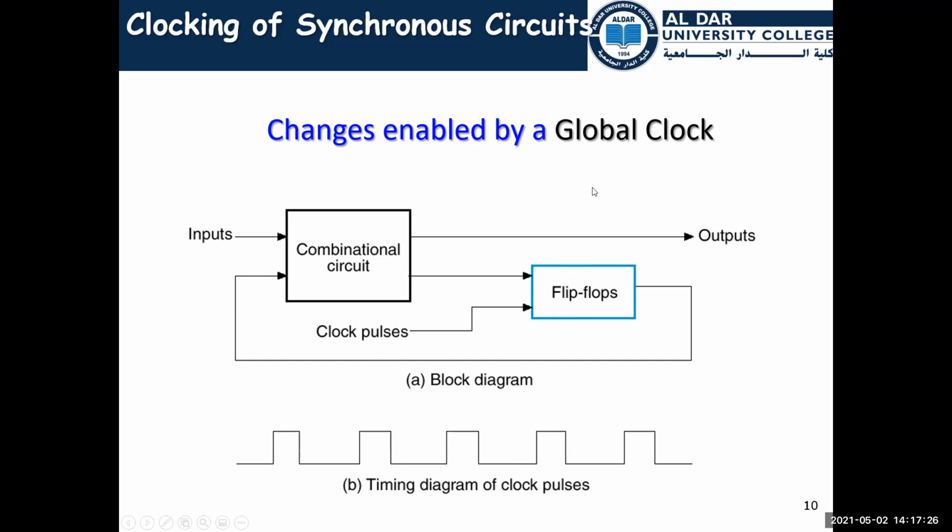It means that at each edge we will move to the next state. So, let's take an example to make you understand. If these flip-flops are representing a counter, at this edge we have 0, and the circuit will be at 1 at this edge, 2 at this edge, 3 at this edge.